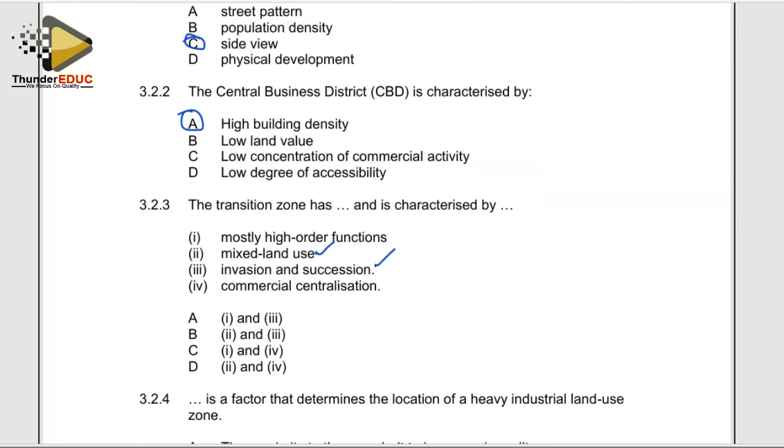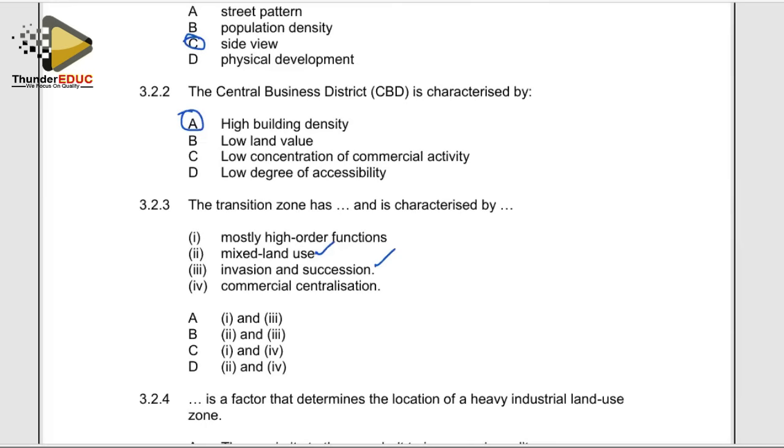What we call invasion and succession, we are saying one function invades into another function. Let's say, for example, in that zone, there was a residential house. It was a residential house initially, but the urban area is extending outwards. The CBD is extending outwards.